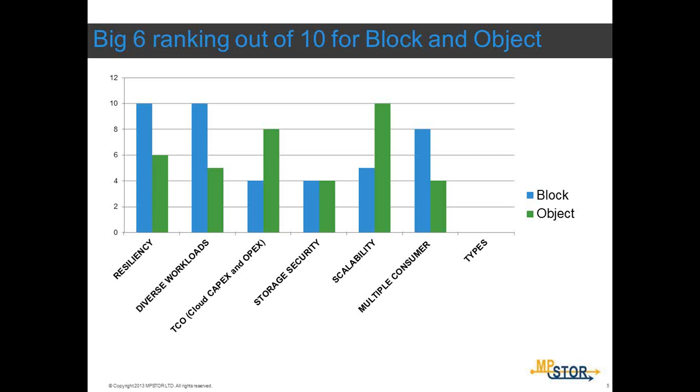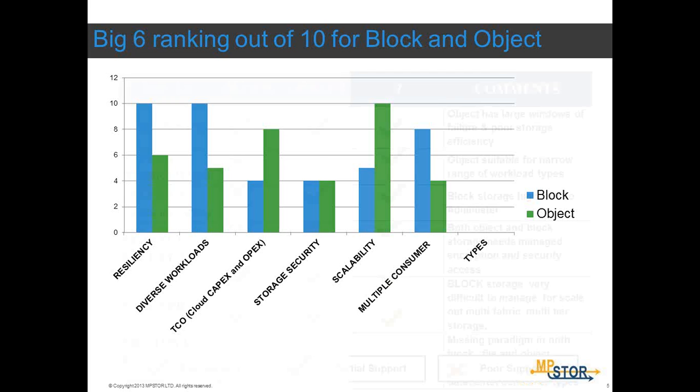And finally, the whole area of multiple consumers. Block storage is a lower level type of storage, so being a more basic type of storage, it's easier to provision a wider range of consumer types. And by consumer types, I mean just consumers of storage in the data center, rather than enforcing that all of those consumers use an object API.